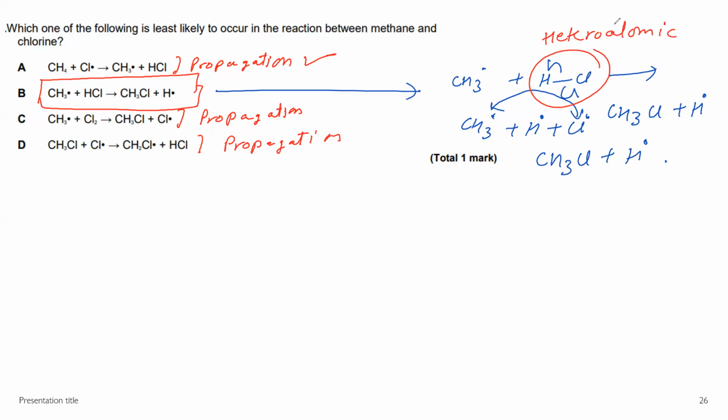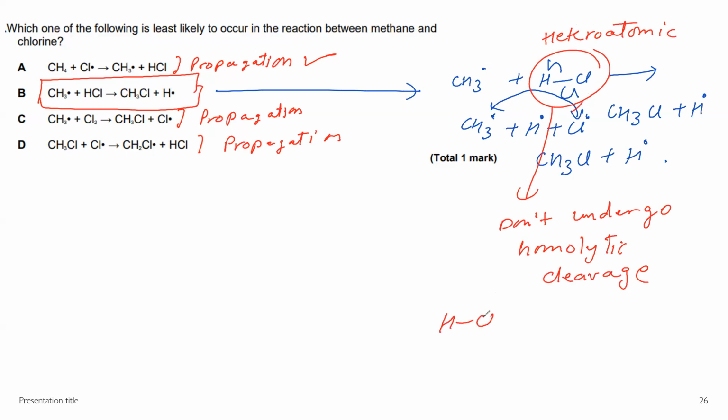And heteroatomic species don't undergo homolytic cleavage. They just undergo heterolytic cleavage. Actually, the cleavage of this would lead to the formation of Cl negative plus H positive, carbanion and carbocation. If you want to know more about homolytic and heterolytic, do watch my video. Okay, hope this is clear. So option B is correct.